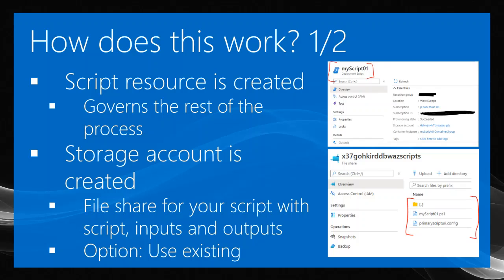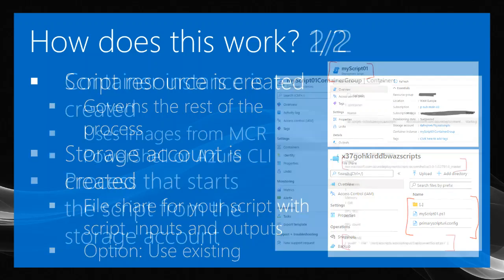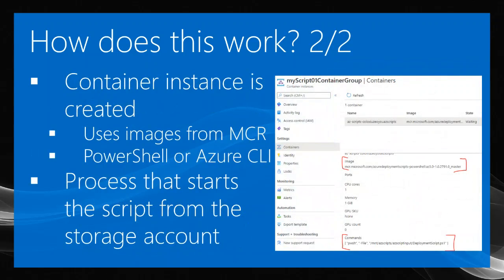All right, so the storage account is now created, the script is copied in there, and then there's a second resource, which is even more important: a container instance that is created. Now, what does that mean? That means that at the very end, your script is executed in a container on the Azure platform.